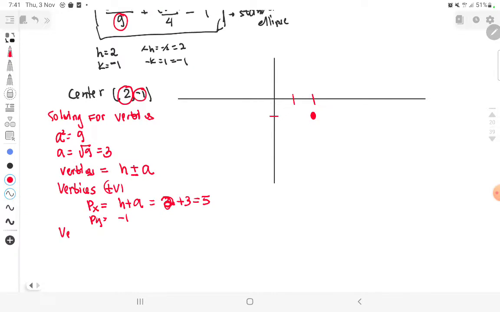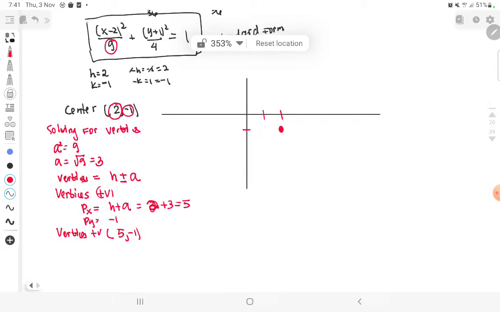So therefore the positive vertex is equal to 5, negative 1. So we have 5, negative 1, so 1 2 3 4 5, 5 negative 1. This is for my positive v.